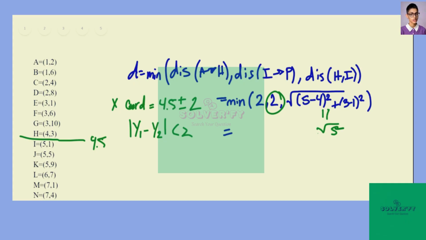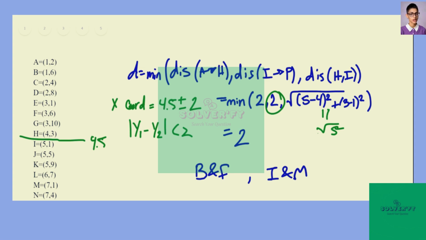Okay, and so the total minimum is 2, which means we have a minimum distance between B and F, as well as I and M. Both have the shortest distance of 2. And it's always a good idea to double check that, right?